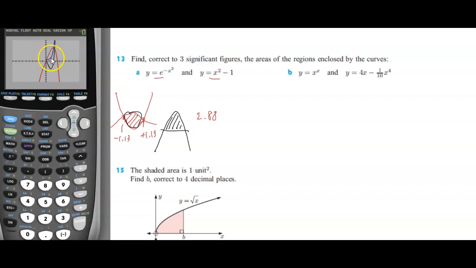So actually, y equals x to the x is my blue function, and the second one is the red function.